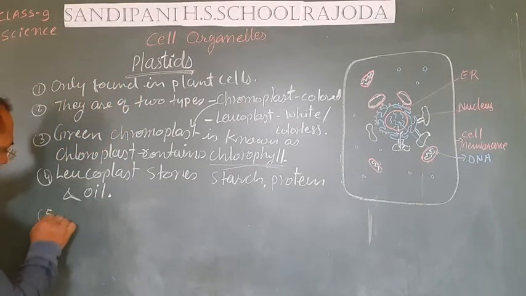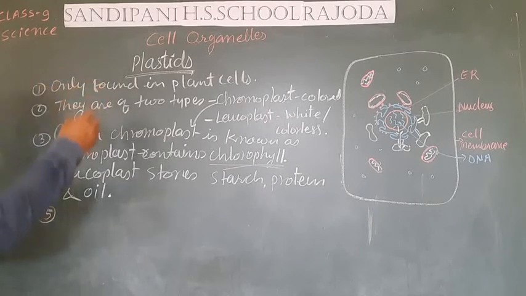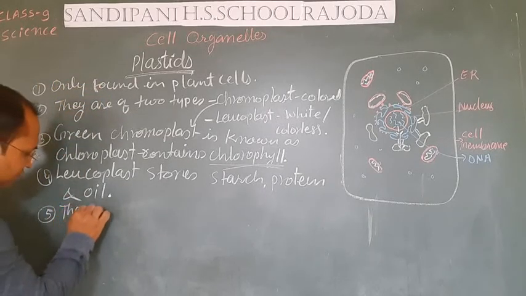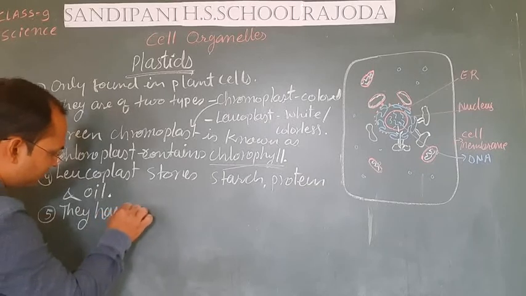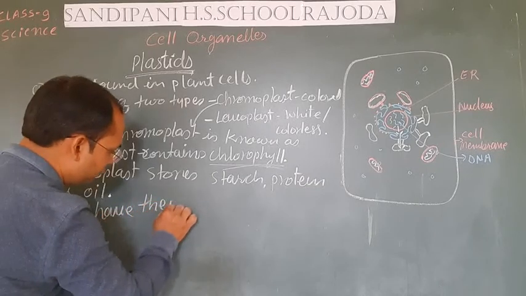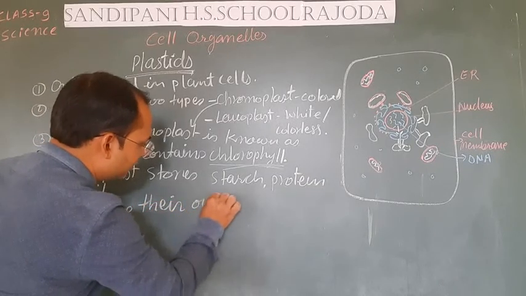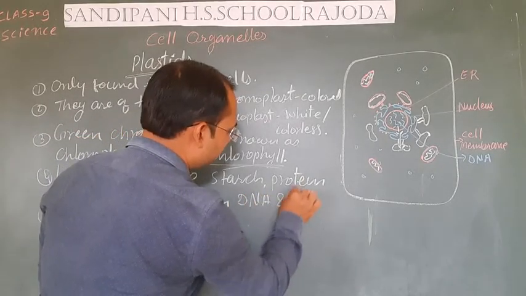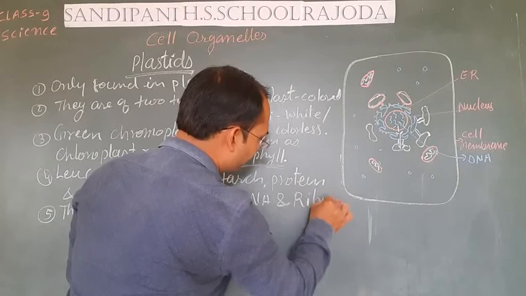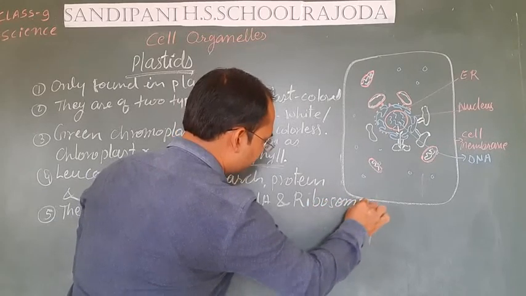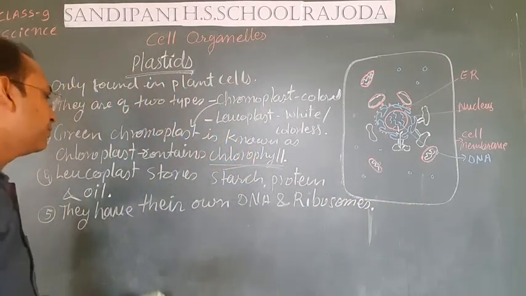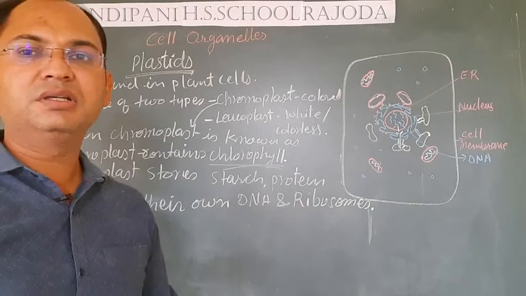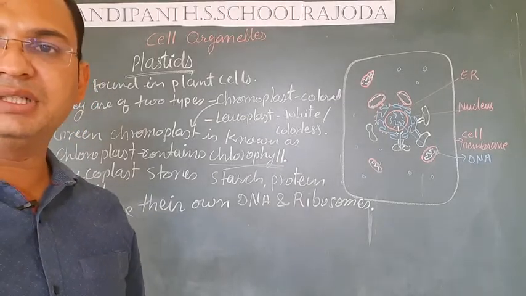So, the fifth property of the plastids is that they have their own DNA and ribosomes. So, students, this is all about the plastids which are present in the plant cell.